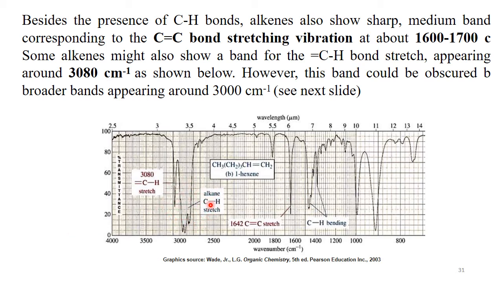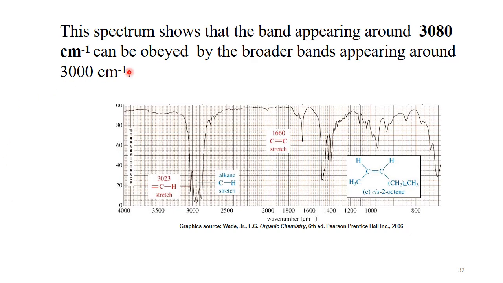However, this band could be obscured by a broader band appearing around 3000 cm⁻¹, here, the broad band. This spectrum shows that the band appearing around 3080 cm⁻¹ can be obscured by the broader bands appearing around 3000 cm⁻¹.